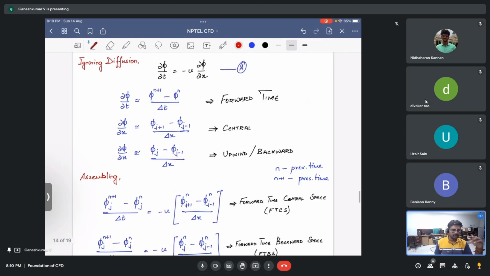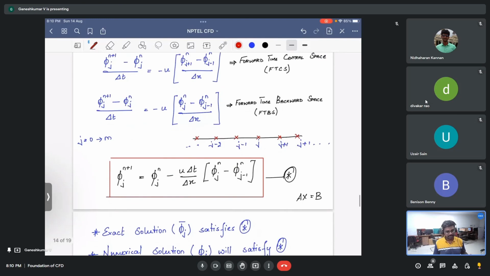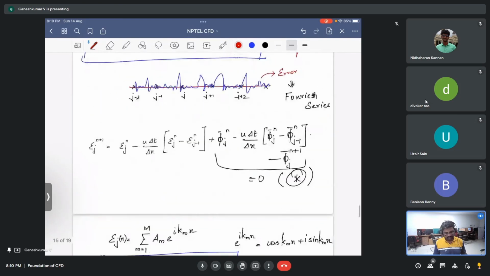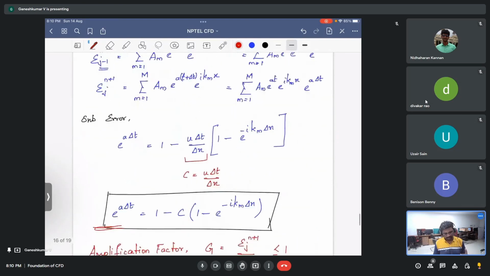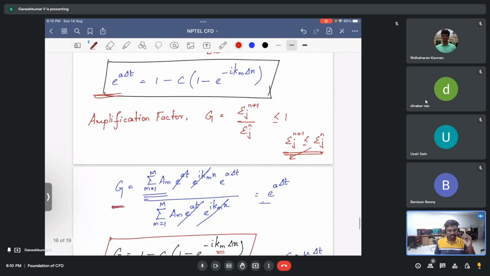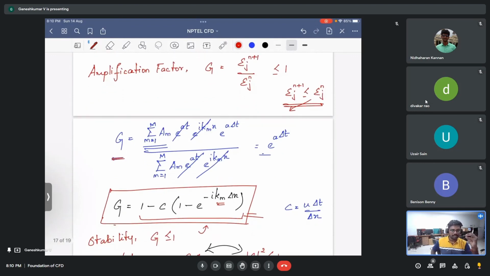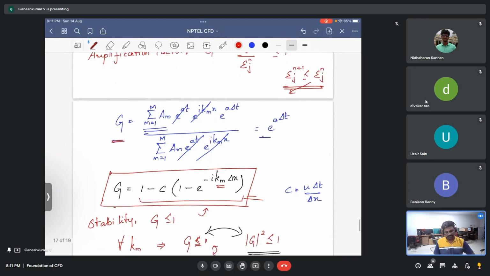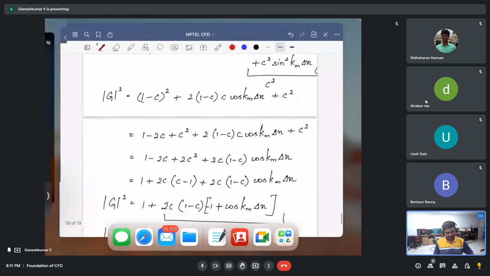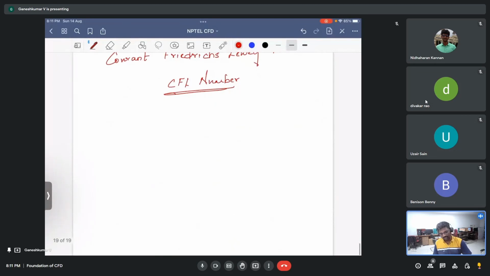If you take care of these two conditions in any simulation, you will end up getting a stable solution. These are for explicit schemes. If your scheme is fully implicit, you go through all these steps, find the error equation and the amplification factor, and you won't end up getting a condition. Your amplification factor would always be less than 1. Similarly, we did this for FTBS, forward time and backward in space.